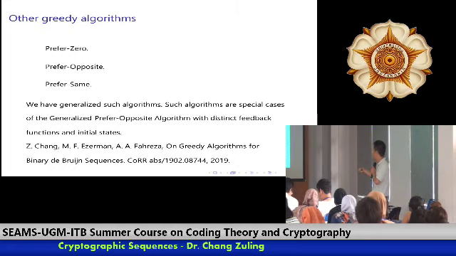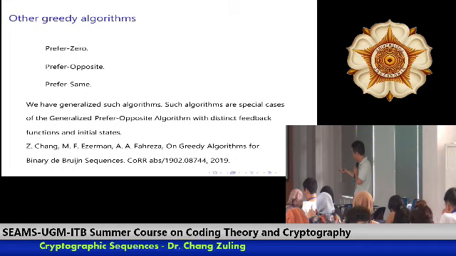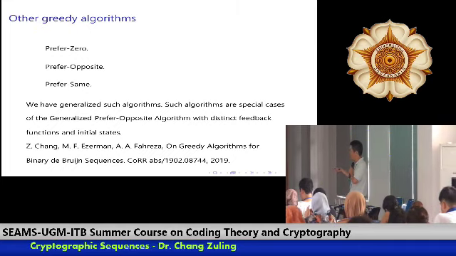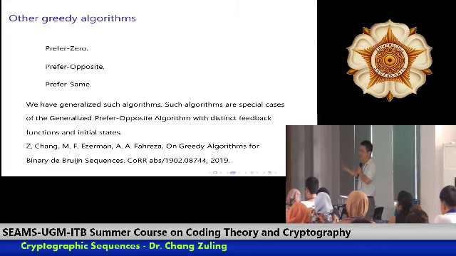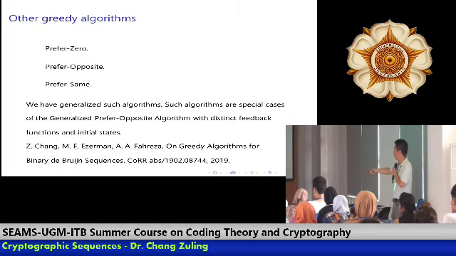This means if we take a different choice, we can generate the same sequence. The results can be found on the web. Okay.